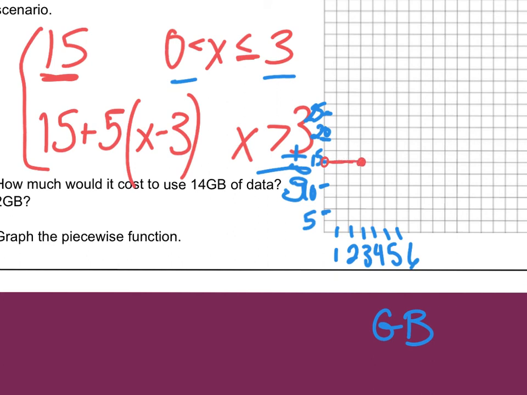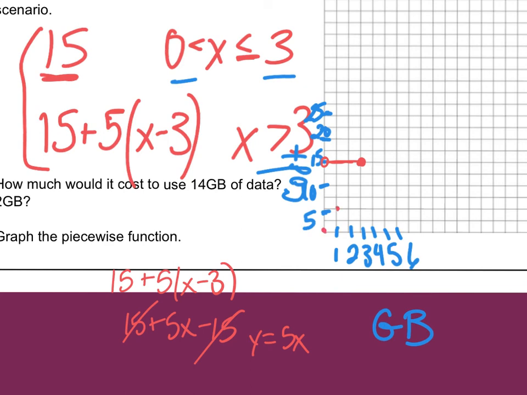Just like that. And then we can simplify 15 plus 5 times x minus 3. It's going to give us 15 plus 5x minus 15. Well, if those cancel out, I just have y equals 5x.